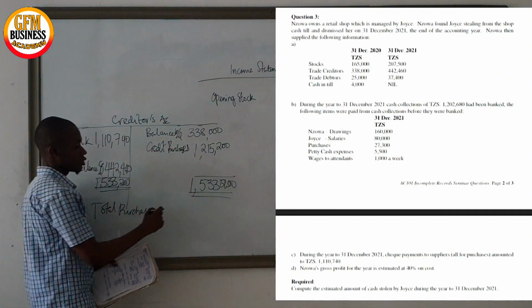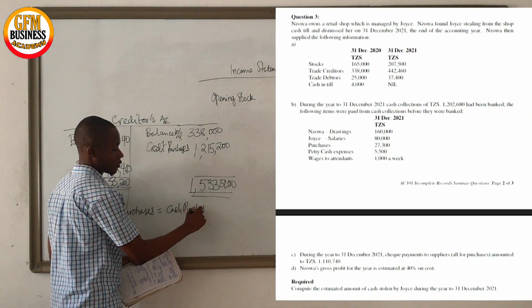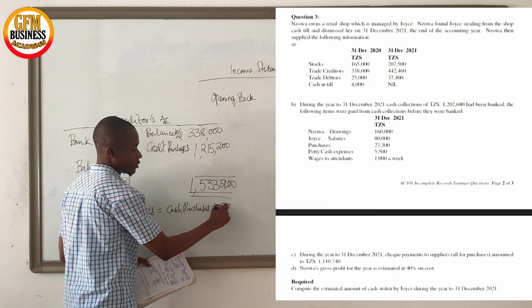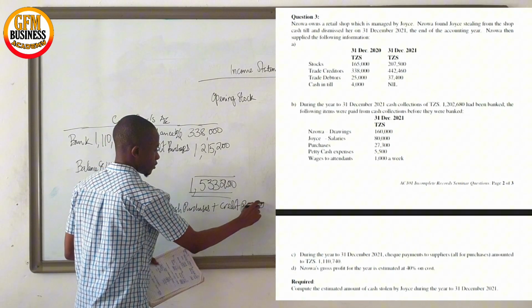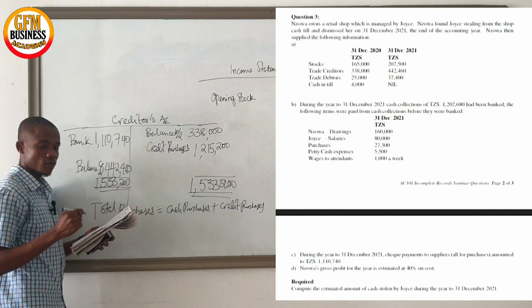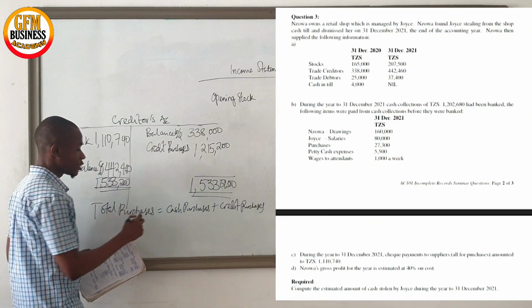Now you'll find total purchases. Total purchases is equal to cash purchases plus credit purchases. Cash purchases we were already given. It was 27,300.